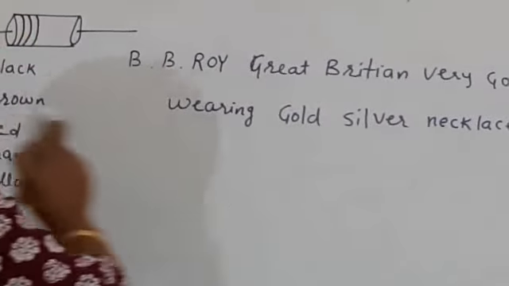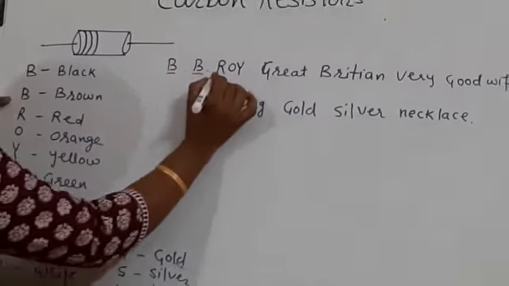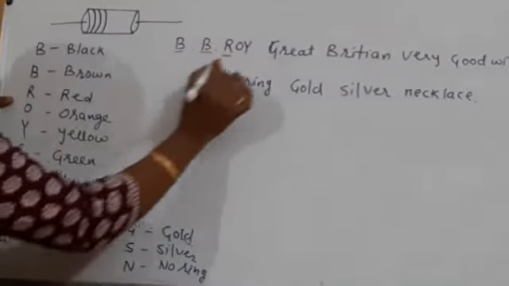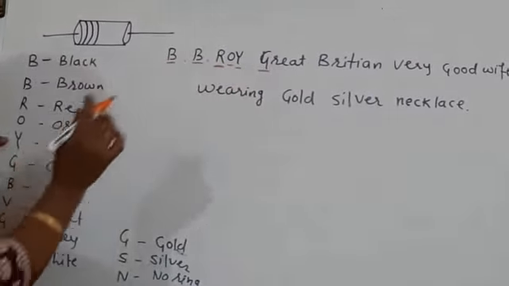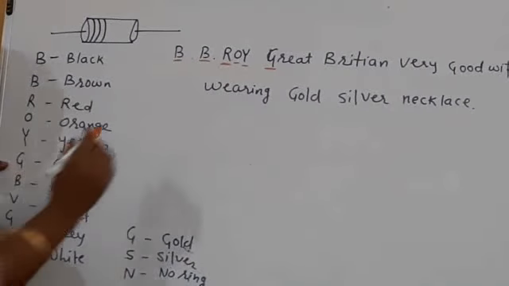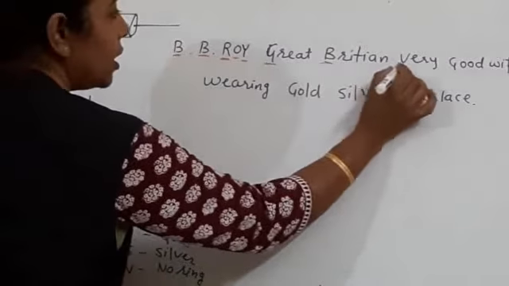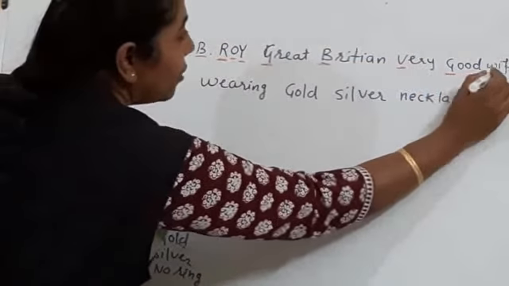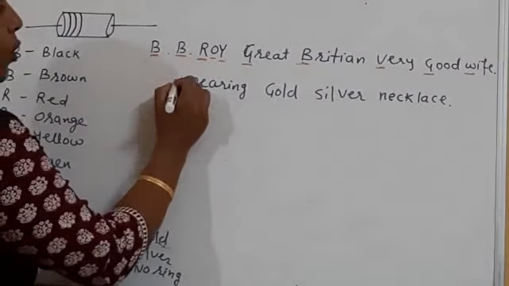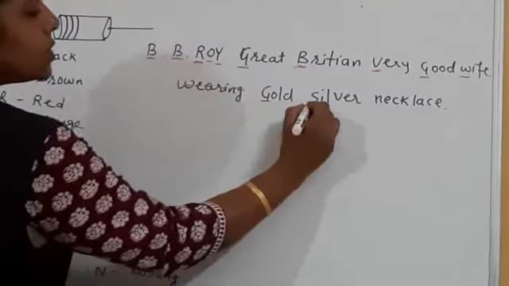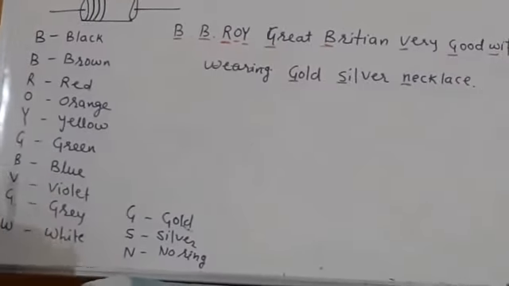You omit the grammar here. Now see, here first B is for black, second B is for brown, Roy, R for red, O for orange, Y for yellow, Great, G for green, then Britain, it is blue, then very, violet, grey, and wife, W is white. Here you have to omit gold, silver necklace. So this way you remember this color coding.